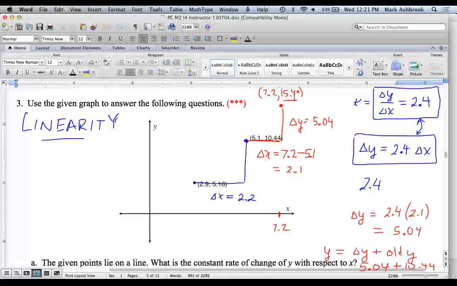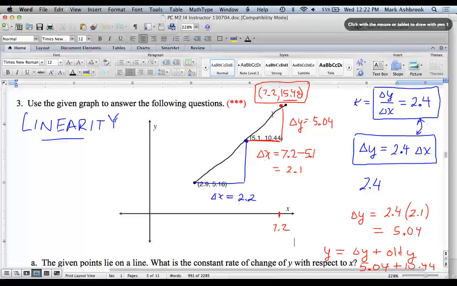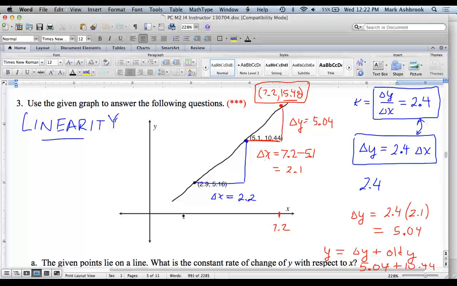If you started from this point, 2.9, 5.16, and did the same process, you should get the same answer. That's our new value of y. Okay, so again, the idea here is that we're forming this linear function. By drawing that black line, what did I just draw?